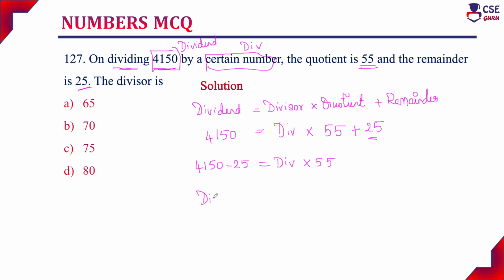So divisor into 55 is 4125. Divide this by 55 to get the divisor: 4125 divided by 55 is 75. So the divisor is 75, and the correct answer is option C, 75.